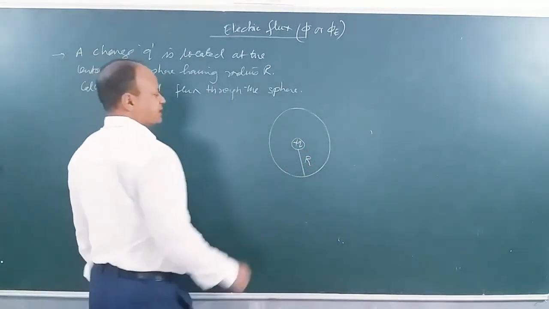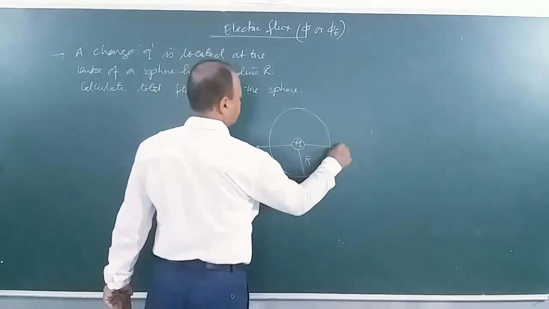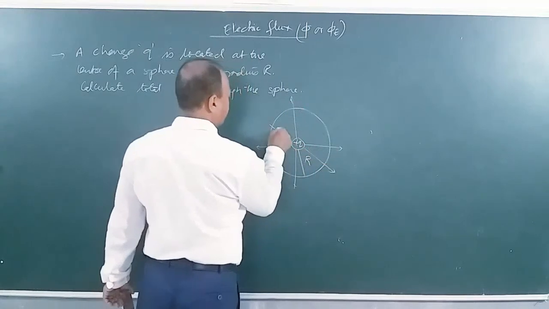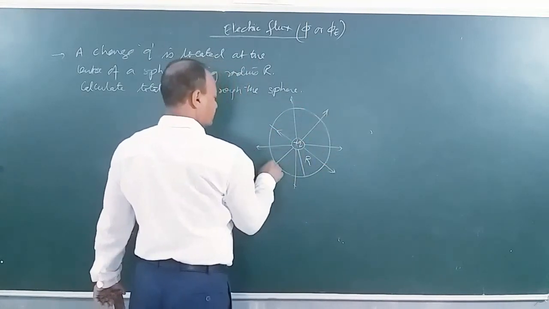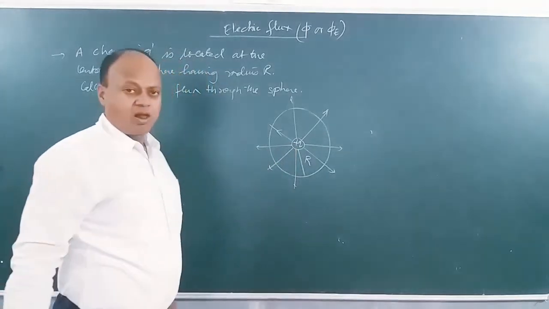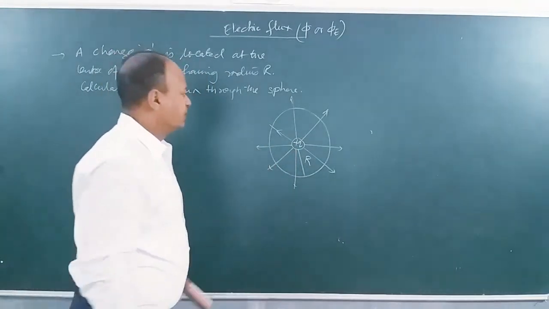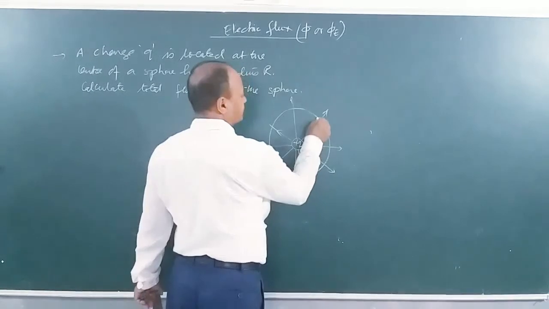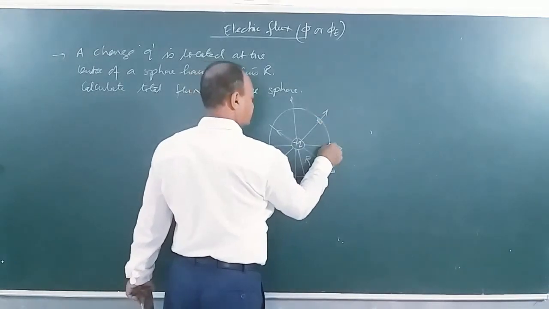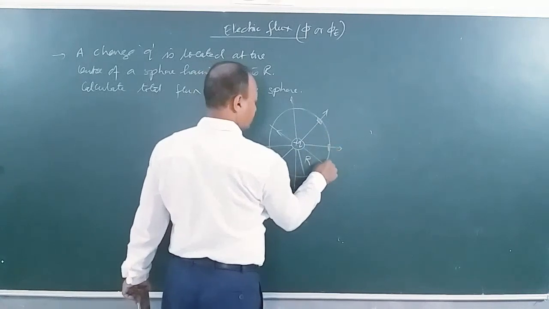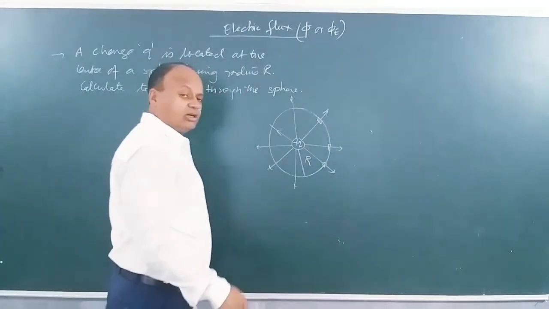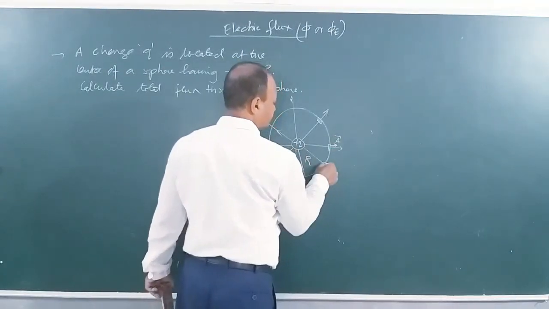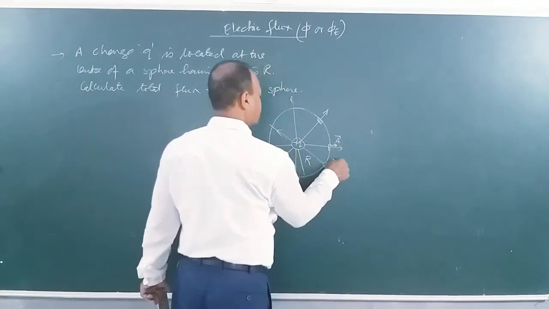So you very well know that the electric lines of force are coming out like this. At any point, electric lines of force will emerge radially outwards. If I consider any small area here, or a small area here, or a small area here, in all these cases you can see that the area vector will also be directed radially.